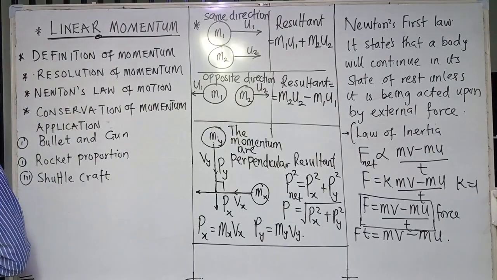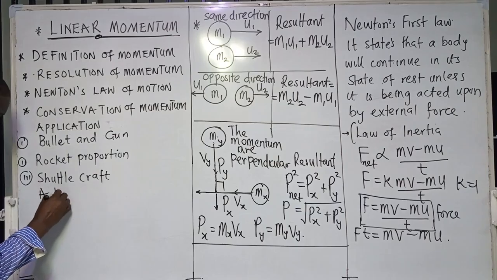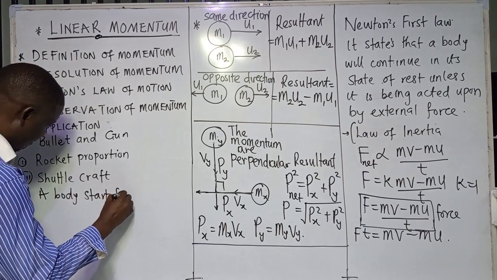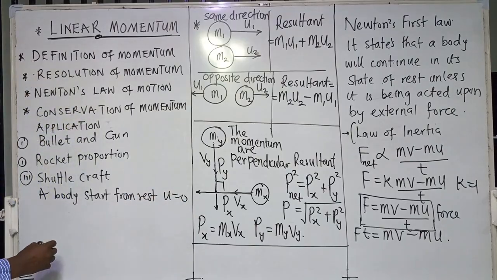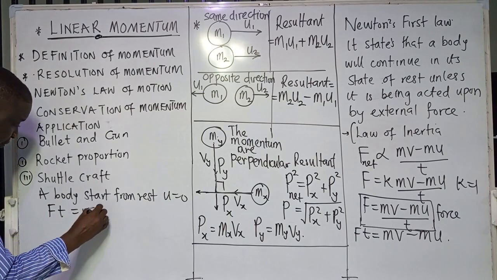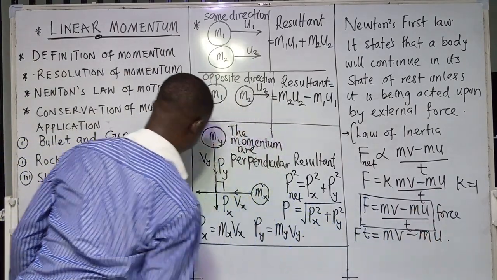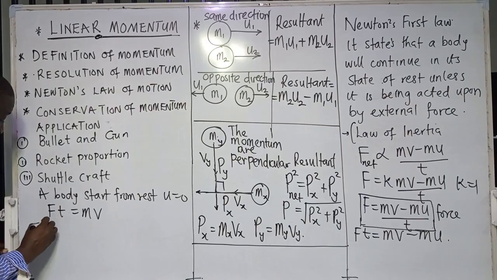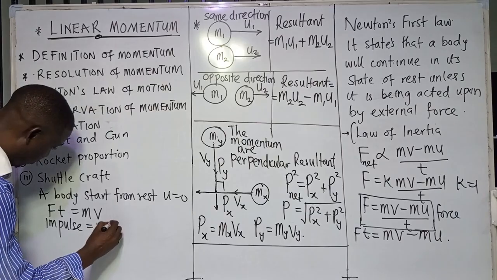So if the body starts from rest, when u equals 0, then Ft is equal to mv, because this term will cancel out, or be removed. So this is impulse. Impulse is equal to momentum.